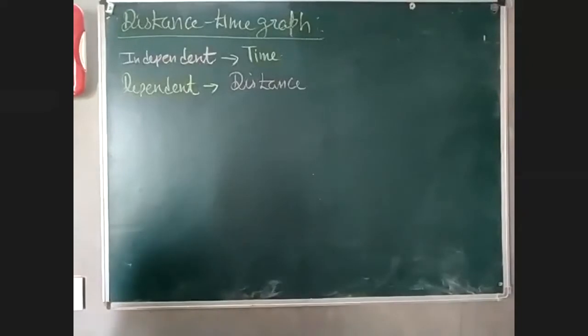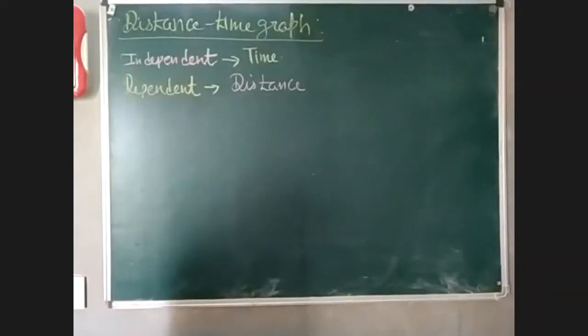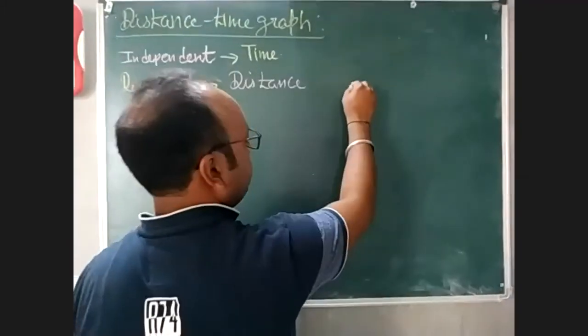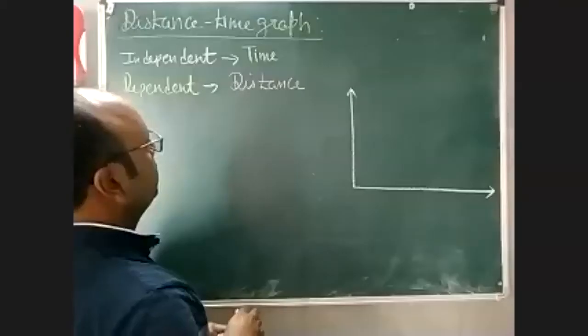So to represent these dependent and independent variables, we use two perpendicular axes. One is horizontal, another is vertical, right?